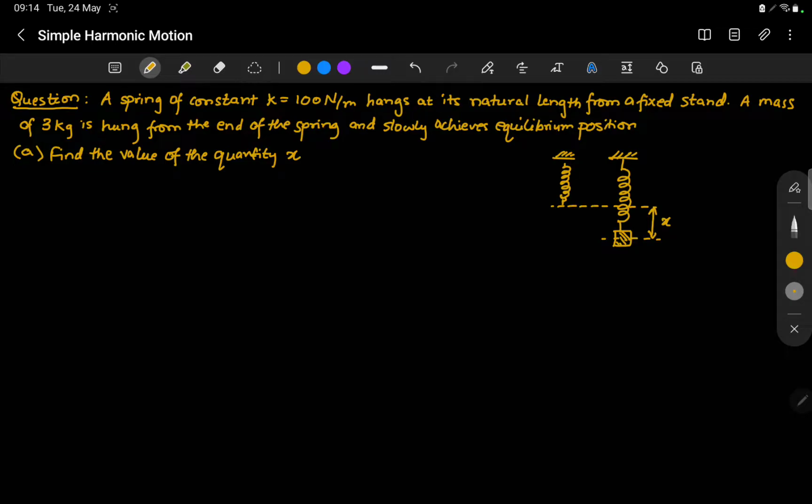So x is basically the extension in the spring to achieve equilibrium position when the mass is hanging from it. Then this quantity is x naught. Then the question says there are multiple parts to this question.